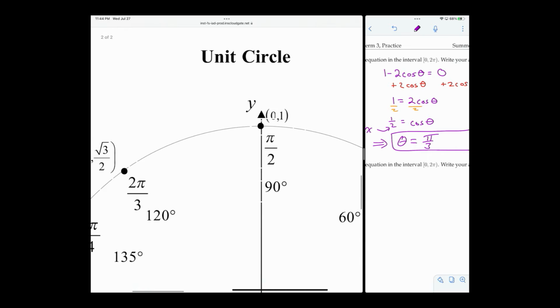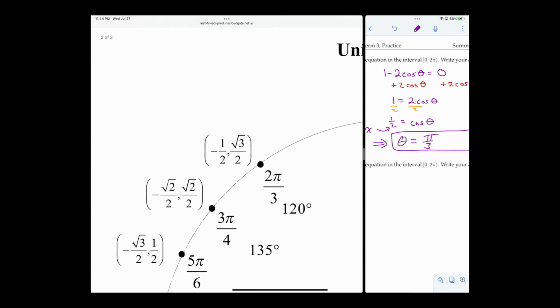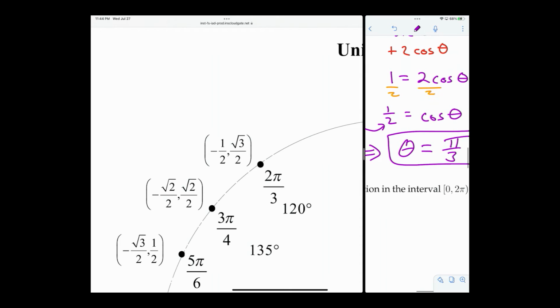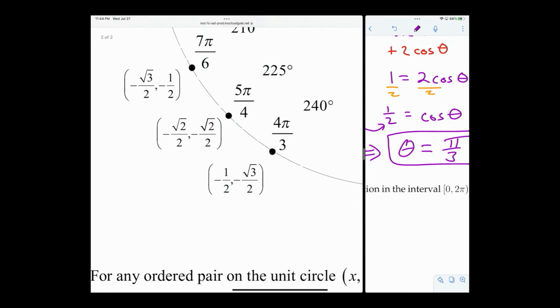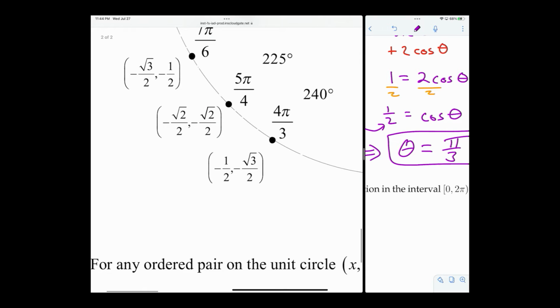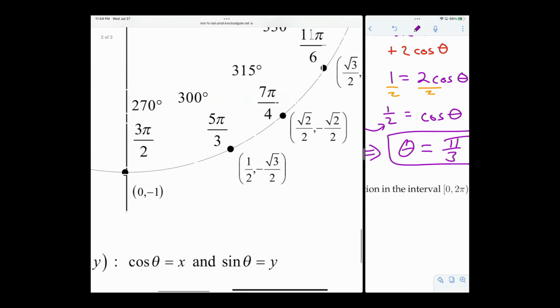Keep going. X value of 1/2, not 2 pi over 3, right? Because that's a negative 1/2. We don't have a negative here, and there's no plus or minus. Down here, we see 4 pi over 3 gives you an x value of negative 1/2, but that's negative again, still doesn't count. And then over here, I see 5 pi over 3 has an x value of 1/2.